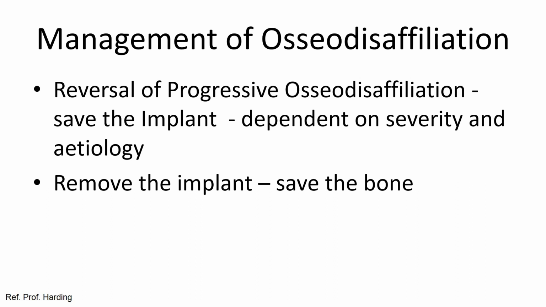So first of all, we have to decide whether we have osteodisaffiliation prior to function, which means we never achieved osseointegration, and this could be the situation with immediately loaded implants, or whether we have progressive osteodisaffiliation, which means that we did achieve function of the implants in some form, whether it be a mechanical fixation, or whether we had in fact developed not osteofixation but osteointegration, and whether it is a breakdown of the osteofixation or a breakdown of our osteointegration.